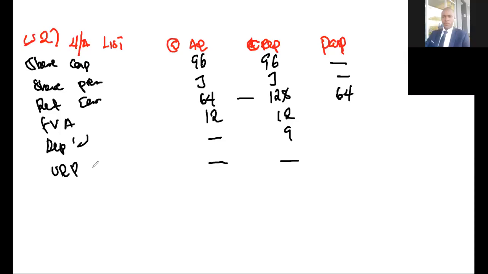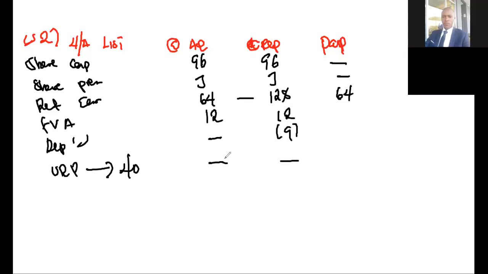Why? Because when the parent sells, you don't bring URP here. You only bring it when the subsidiary sells. So no URP when parent sells. So what do we do? Here we are listing.